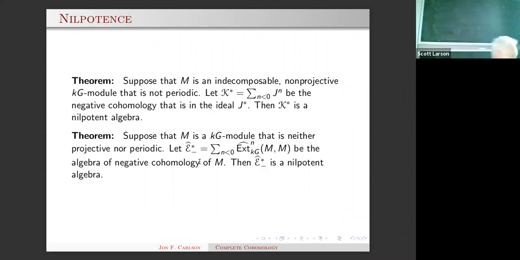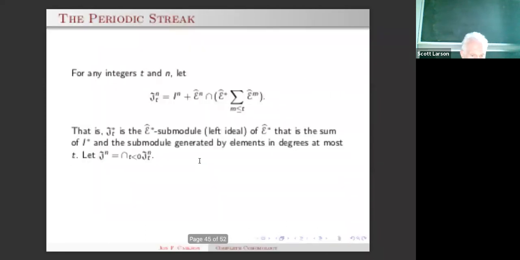As I say, this was the main thing I wanted to get out of this: even for the complete cohomology ring of a finitely generated indecomposable module, the negative cohomology part is a nilpotent algebra.